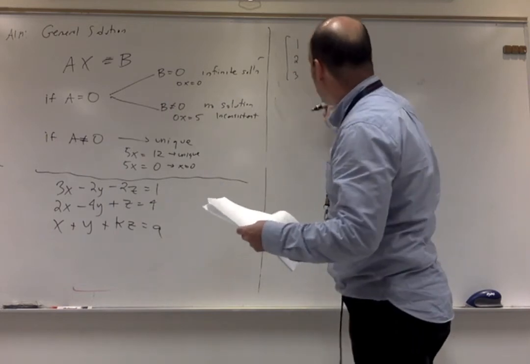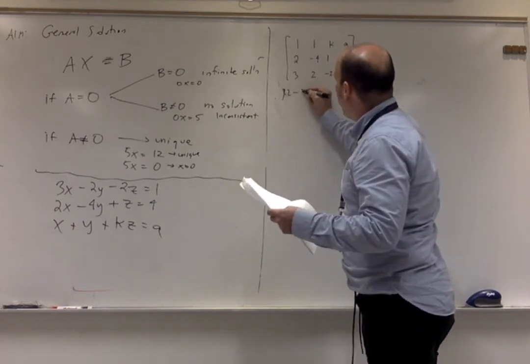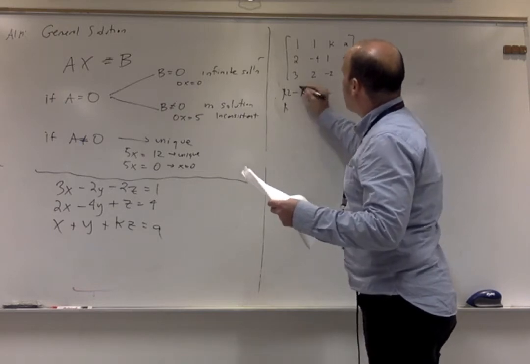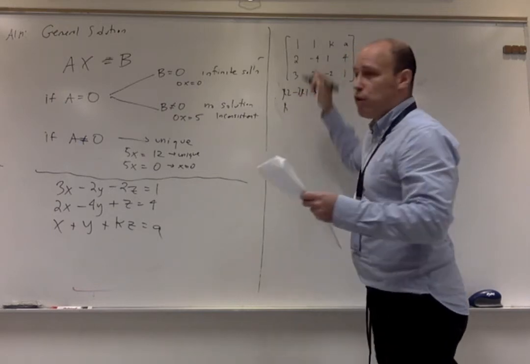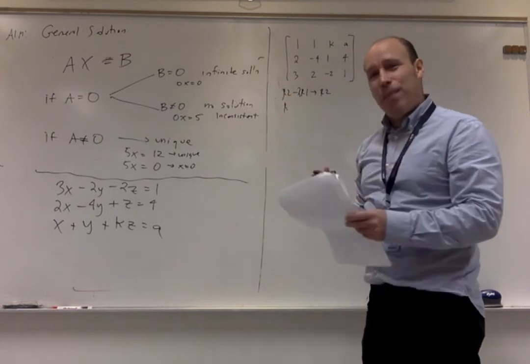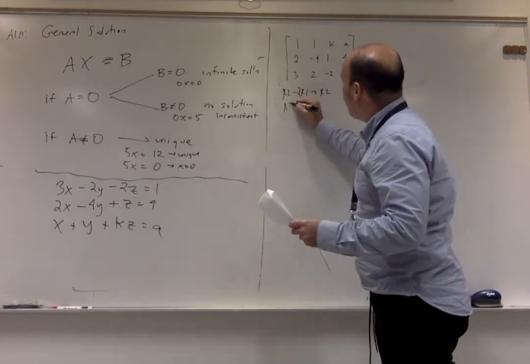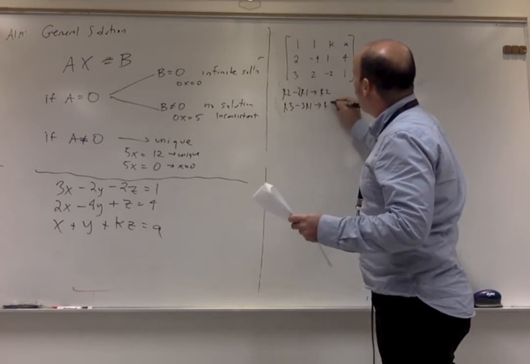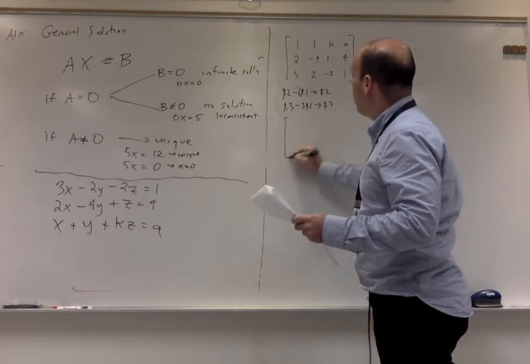Anyway, back to this. Row 2 minus 2 times the first row is going to be my new row 2. And row 3 minus 3 times row 1 is going to be my new row 3, okay?